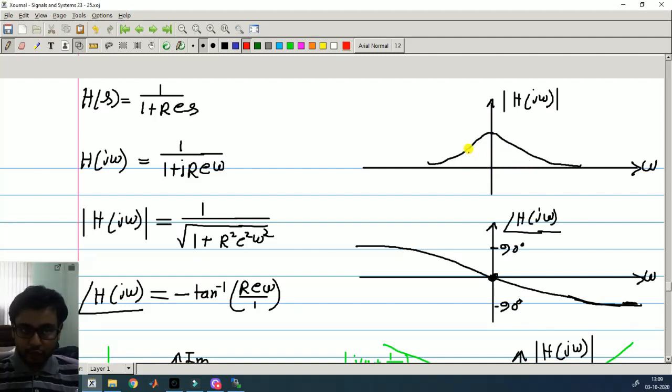That means those frequencies can pass from input to output, and other frequencies are blocked by the system. If you give those frequencies as input, you will get no output. So this system acts like a filter. It allows some frequencies to pass from input to output, and it blocks other frequencies.